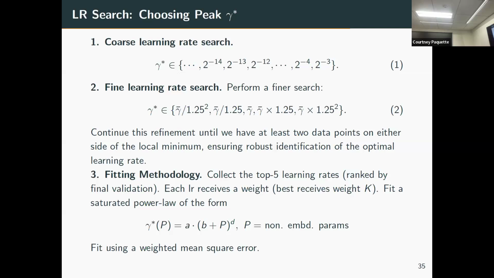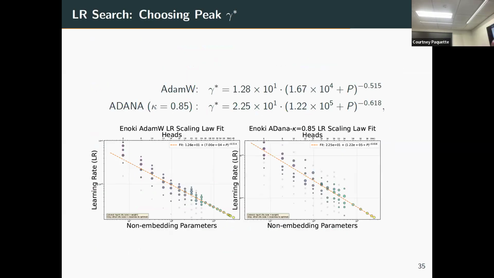We weighted each of the learning rates based on the loss value they got, and then fit it to a power law of this form, which we found to be the better one to fit. If you do that, it gives pretty good predictions. You can predict out the behavior as you go further out.